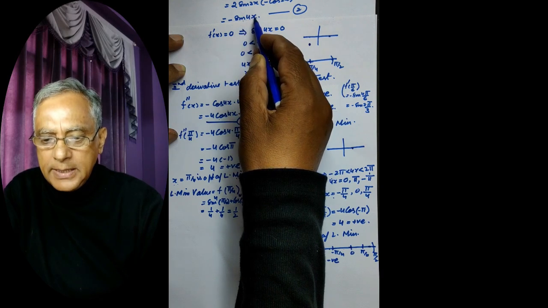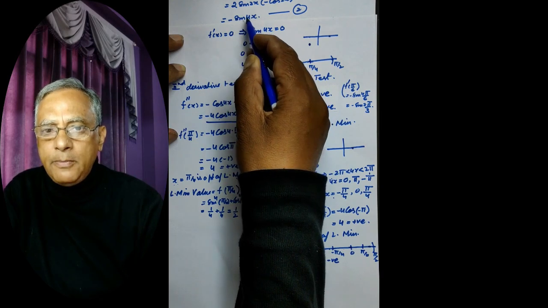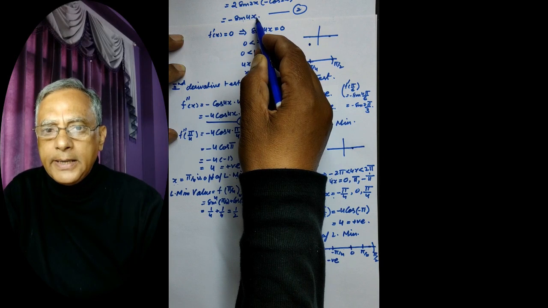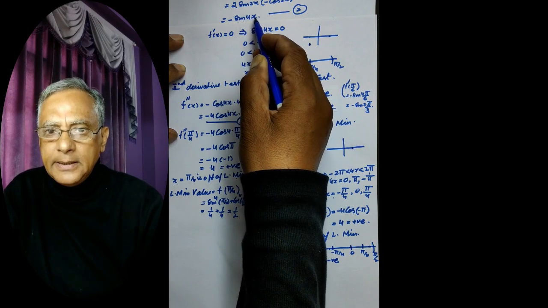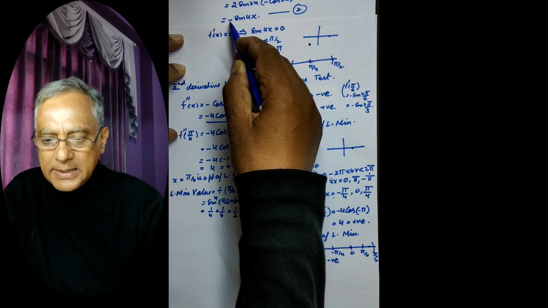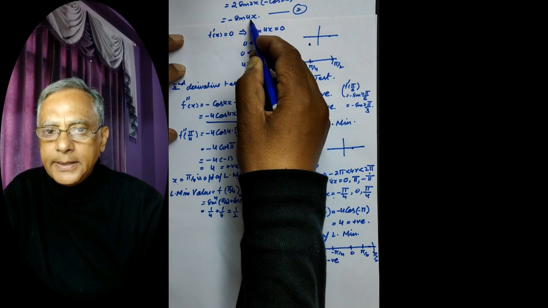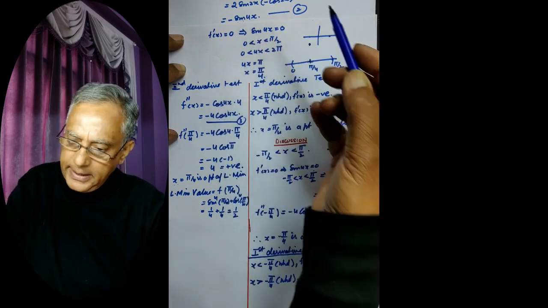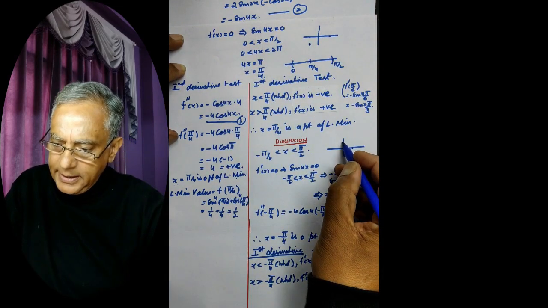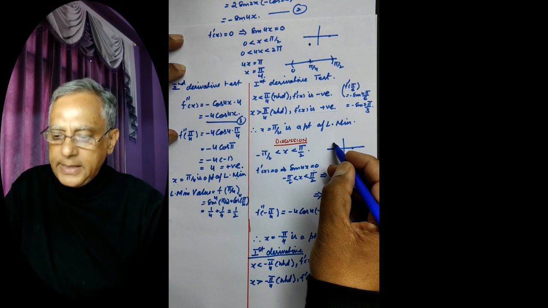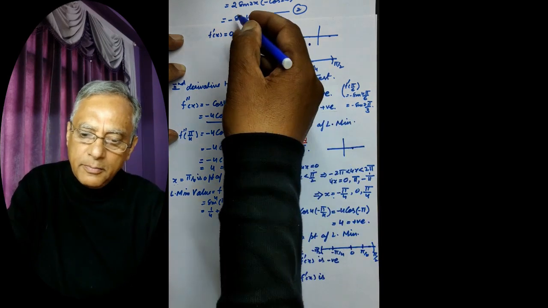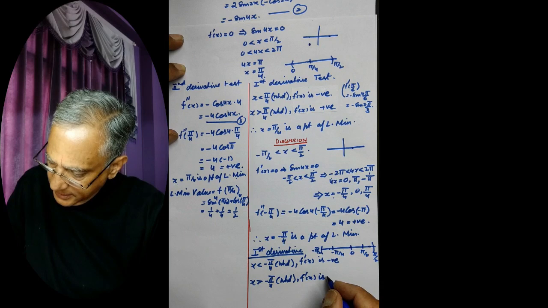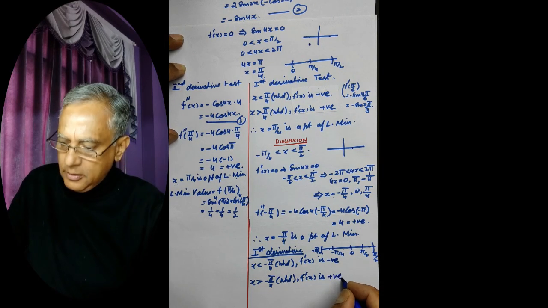Sine of minus 120 degrees will be minus sine of 120 degrees, because sine of minus theta is minus sine theta. So this will be plus sine of 120 degrees. And 120 degrees is in the second quadrant. In the second quadrant, sine is positive. So f dash x will be positive.